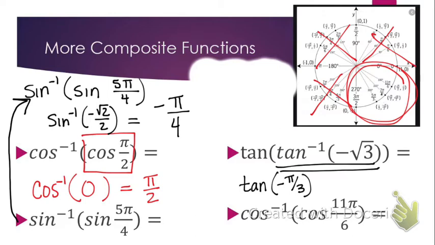And then for this one, it is the negative pi over 3. So then when you go back in to take the tangent of negative pi over 3, you do get negative root 3. So that would be your final answer.